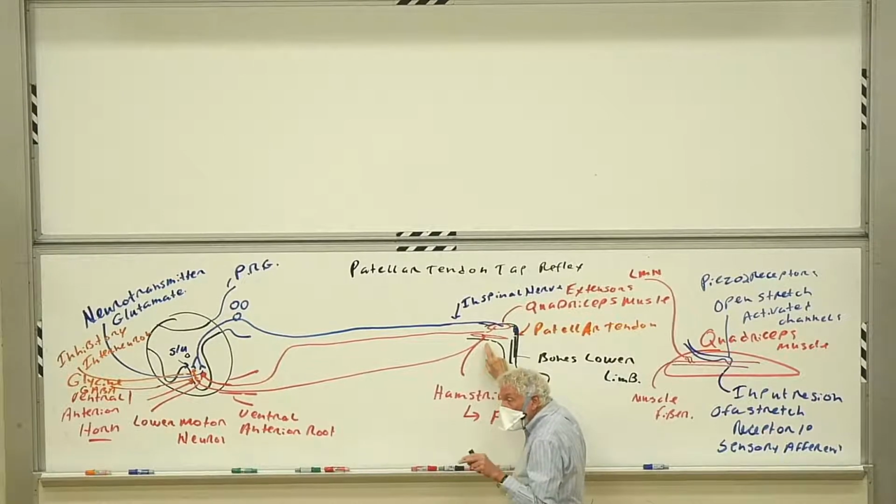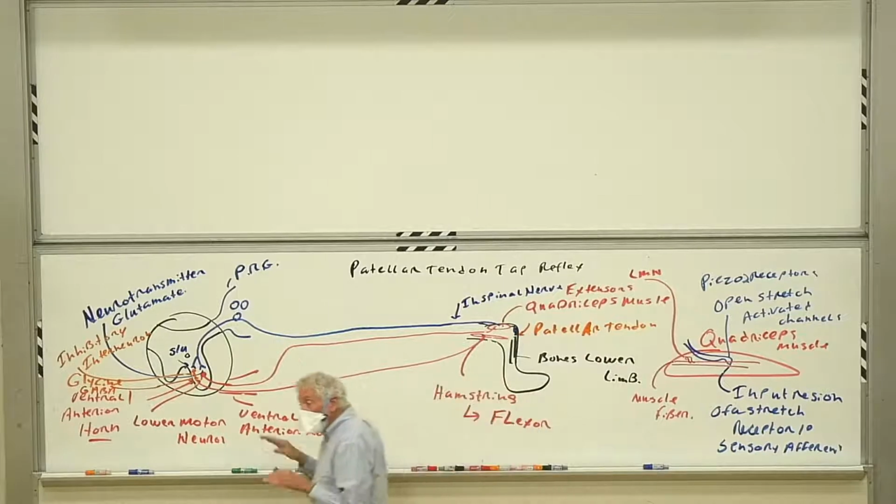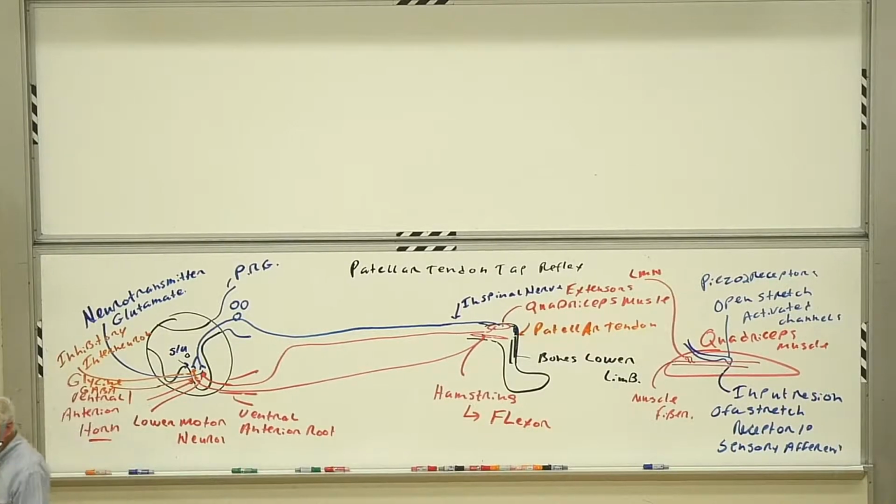And all we're saying here is that if we excite the quadriceps, we will simultaneously inhibit the hamstrings. But if we want to flex that muscle, if we want to move our heel toward our rump, then we're going to activate the flexor and inhibit the extensor. But those muscles always do the same job. The only way we change them is by the neurons we activate. Okay?